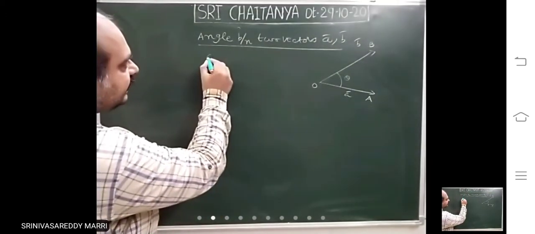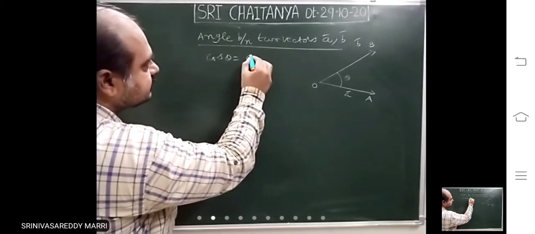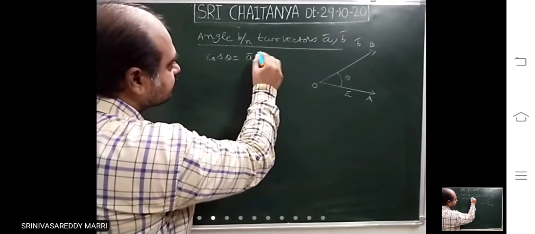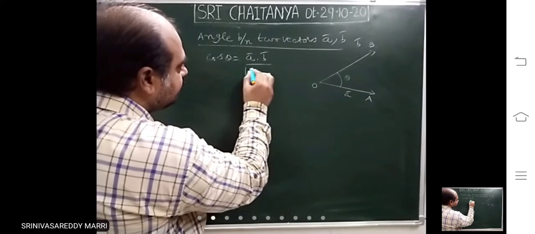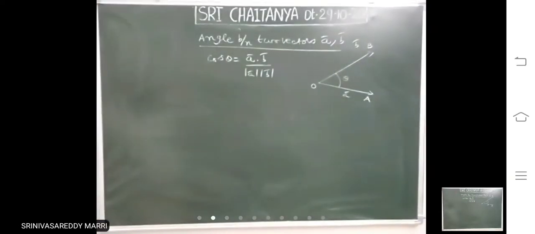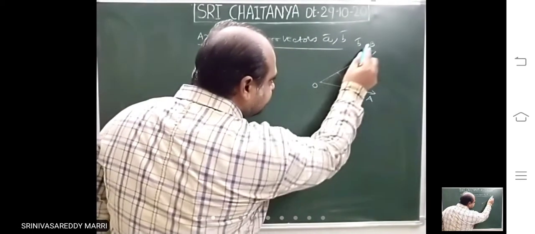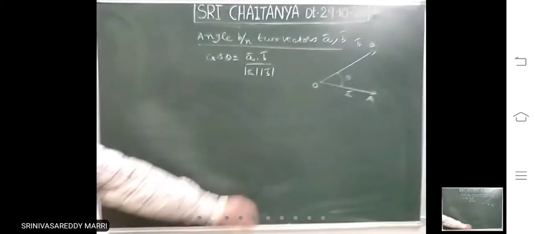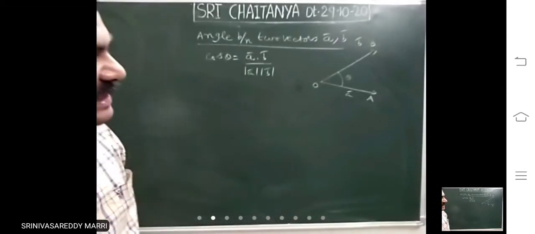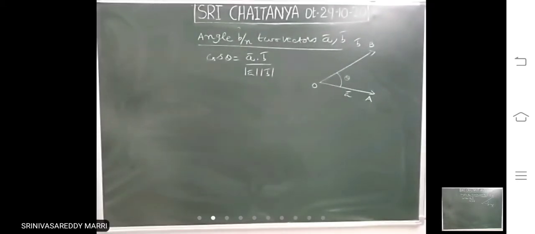That angle we have calculated by using the formula cos theta equals dot product a bar dot b bar divided by modulus a bar into modulus b bar. If in this direction a bar is there and in this direction b bar is there, the angle separation between the two directions we calculate using this dot product formula. Similarly in lines also.